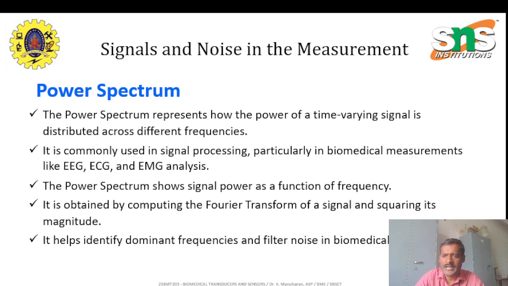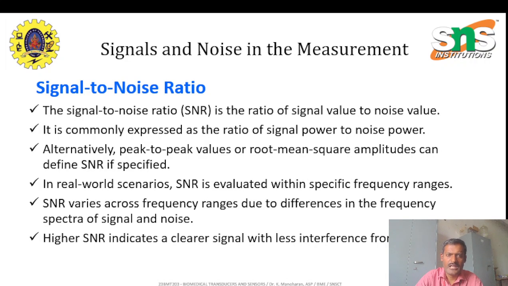It also helps in filtering noise. Whichever noise is available in the spectrum, we can observe it and remove that particular noise. Signal to noise ratio, this is the most important. We can shortly call it SNR. It is commonly expressed as a ratio of signal power to noise power. We expect noise power to be minimum and signal power to be high.